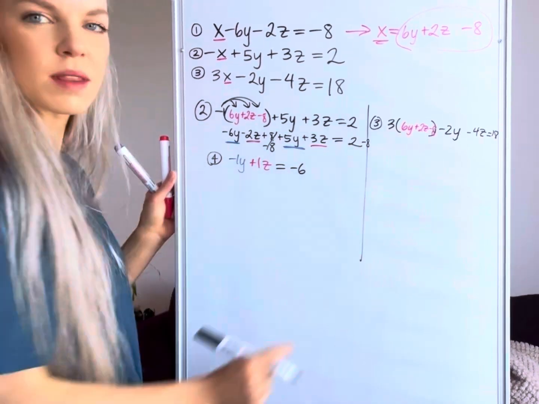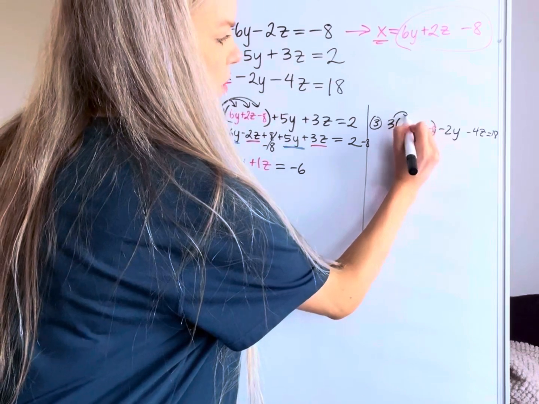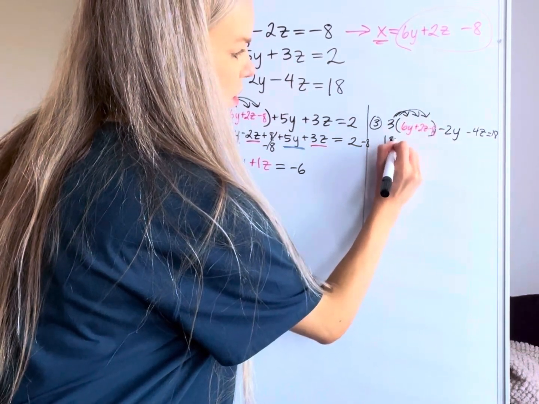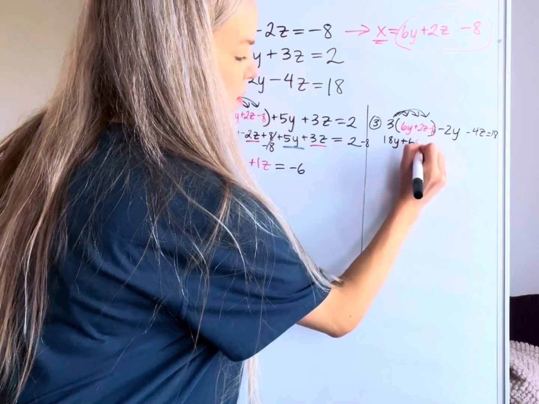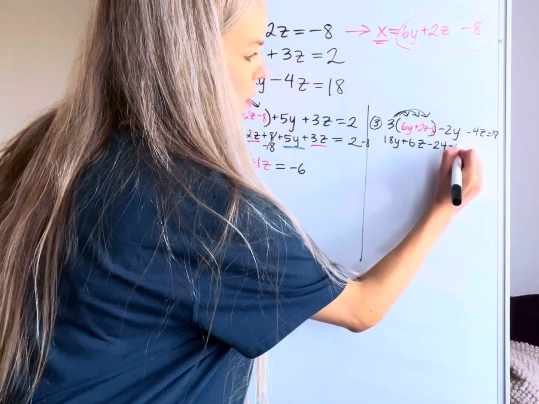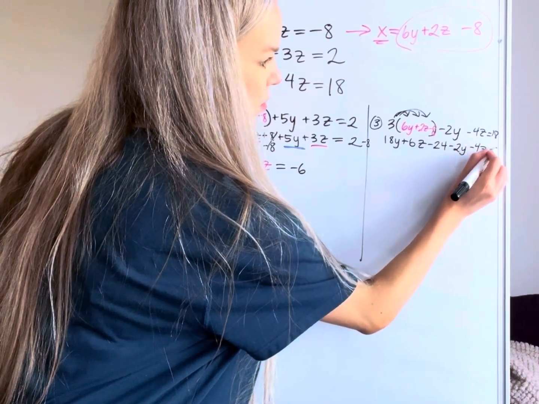We need to clean up this equation for what I call equation 5. Same thing, we have to distribute the 3. So I get 18y plus 6z minus 24 minus 2y minus 4z equals 18.